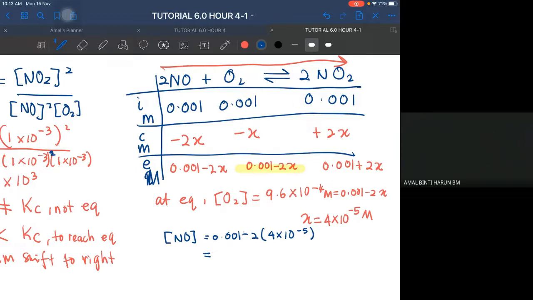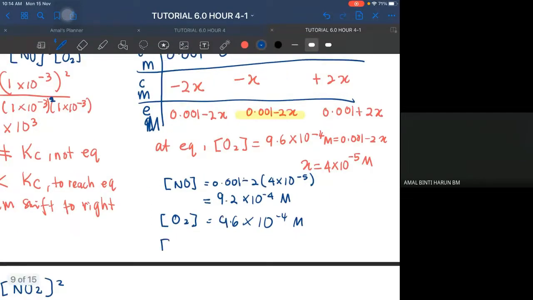Okay. So dia akan jadi 9.2 exponent negative 4 molar. Concentration oksigen dah tahu dah, 9.6 exponent negative 4 molar. And then concentration siapa tadi?